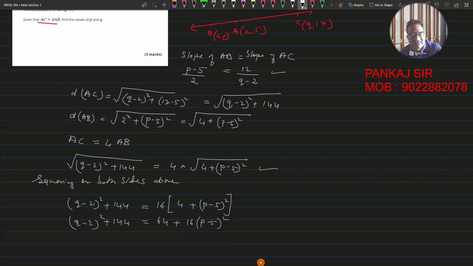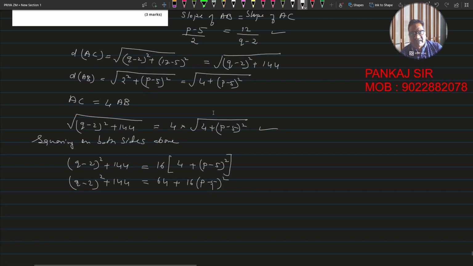Okay, fine. So now I can see that here I am facing a problem where I am having two variables, p and q, in this equation, and I want to convert it into a single variable. So what I'll do is this p minus 5, I will replace by this particular equation.